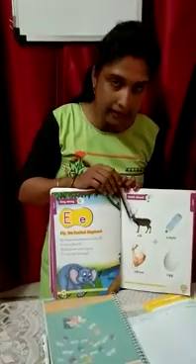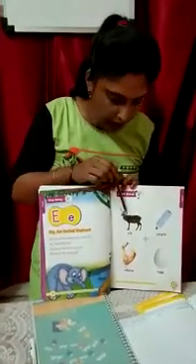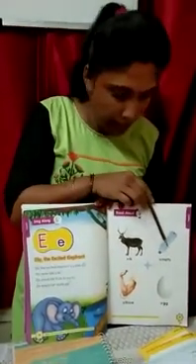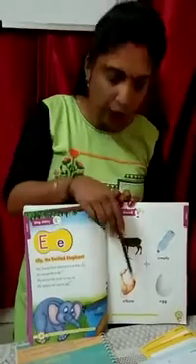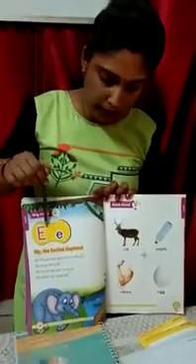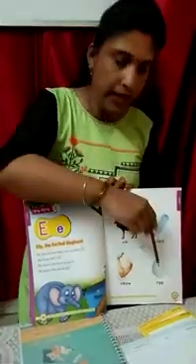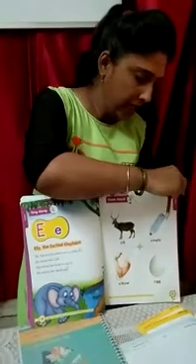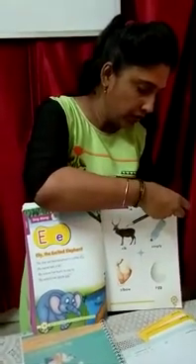See kids, E for elk. E for empty. And E for elbow. E for egg. And turn the page.